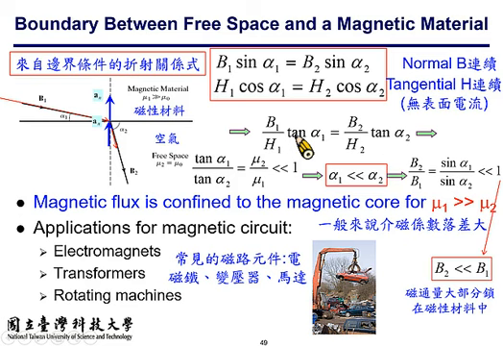If you look at the two equations together, dividing each other on the two sides, you have B1 over H1 times tangent alpha 1 equals B2 over H2 times tangent alpha 2.